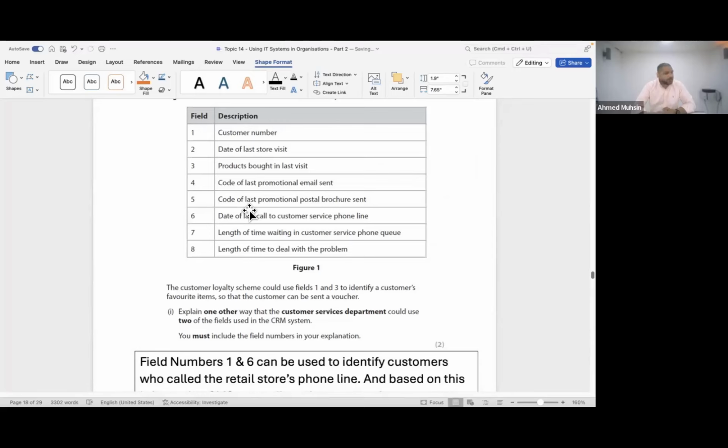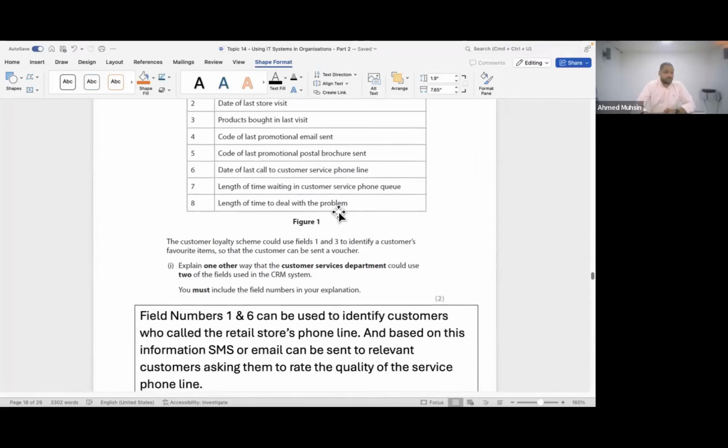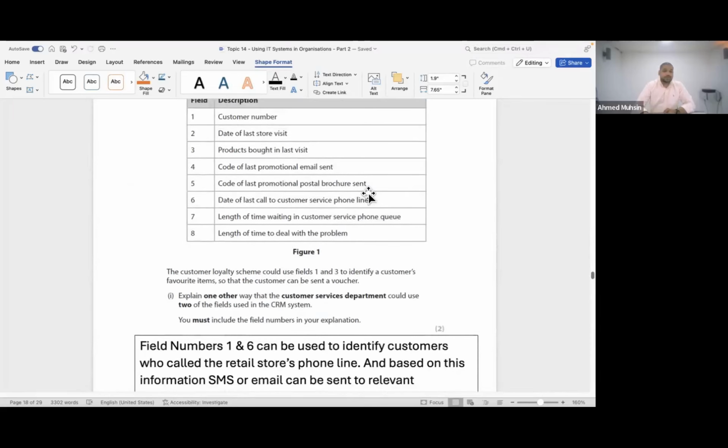So you can do what? So you see, to see if the promotion was effective or not. But then you have also sent one via postal, no? Not SMS, post, no? Everybody, not SMS, post, postal brochure. We said SMS in the answer. Can you remove SMS and say post? Not SMS, post.